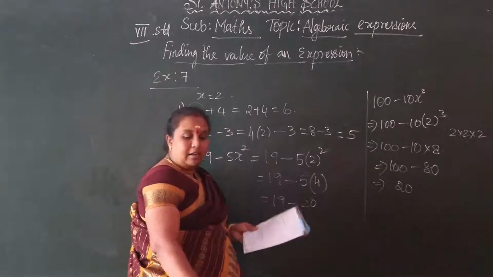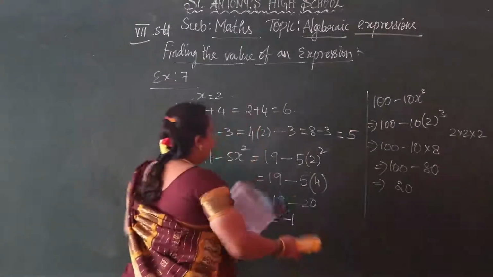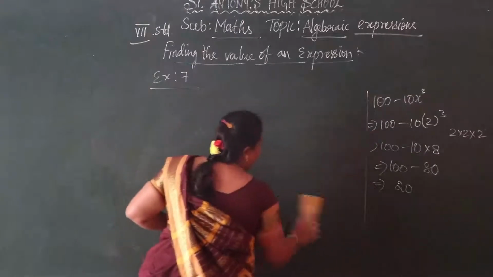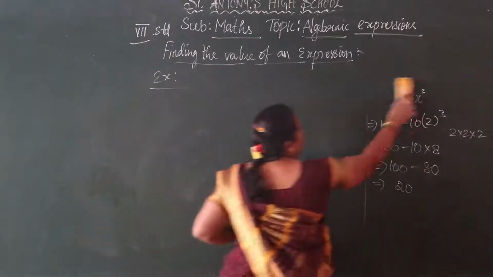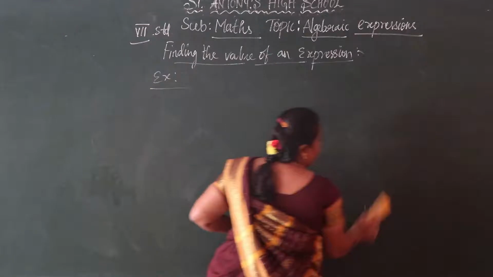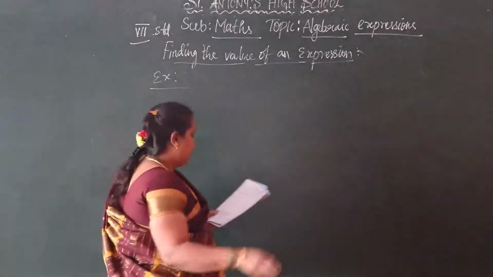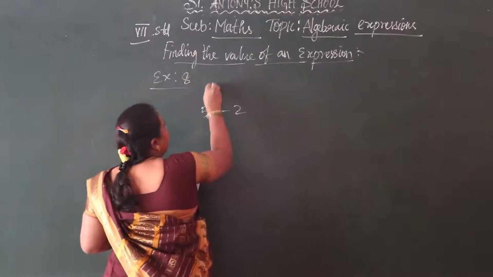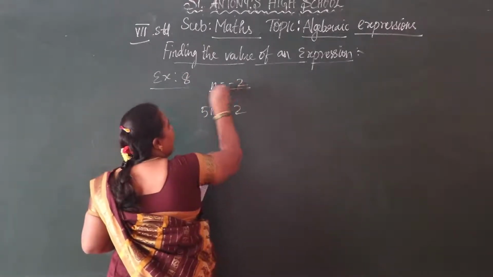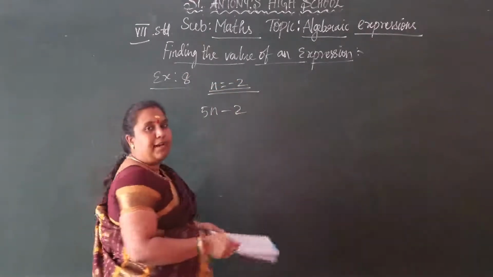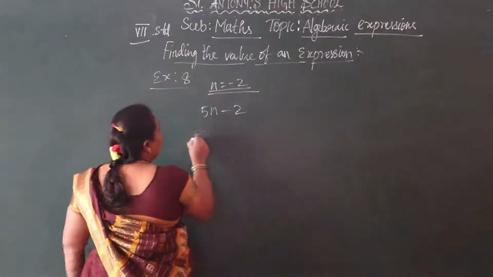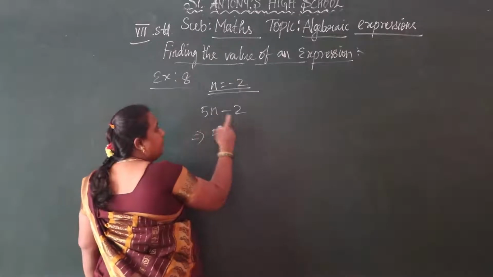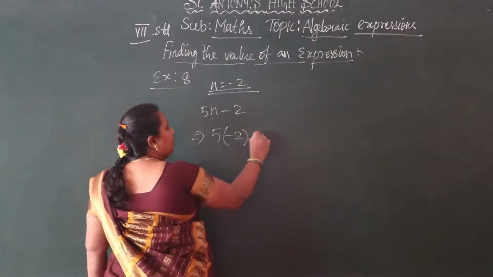So first question, 5n minus 2. So if n equal to minus 2. See, 5n minus 2. Example 8. n equals to minus 2. If n equals to minus 2, the value of 5n minus 2 equals to, we are substituting n equals to minus 2. 5 into the place n, we are replacing it as minus 2 minus 2.